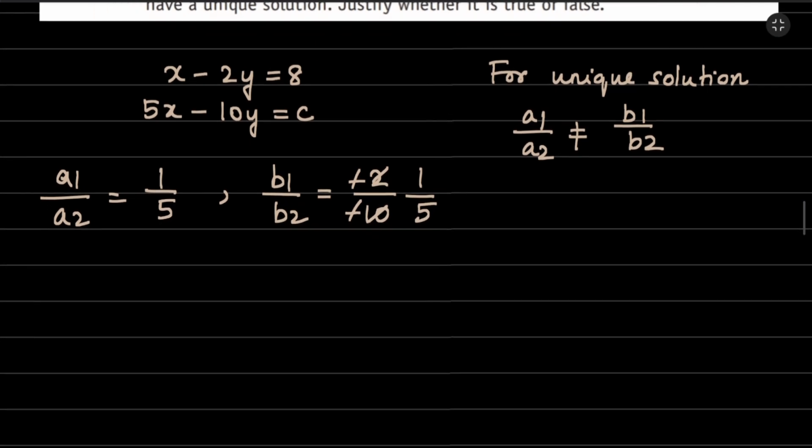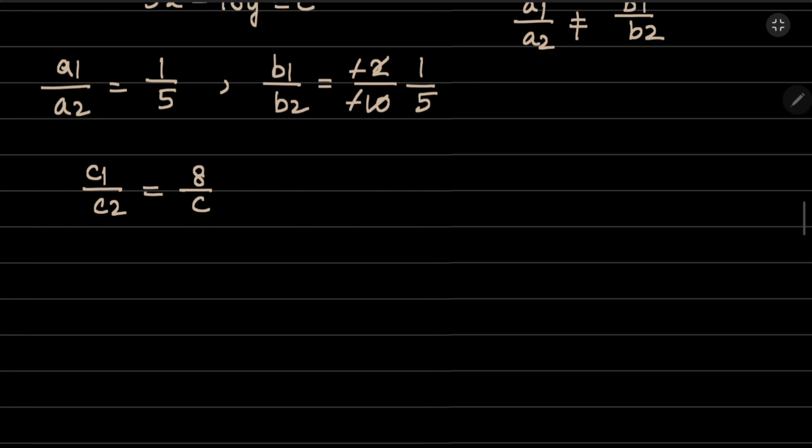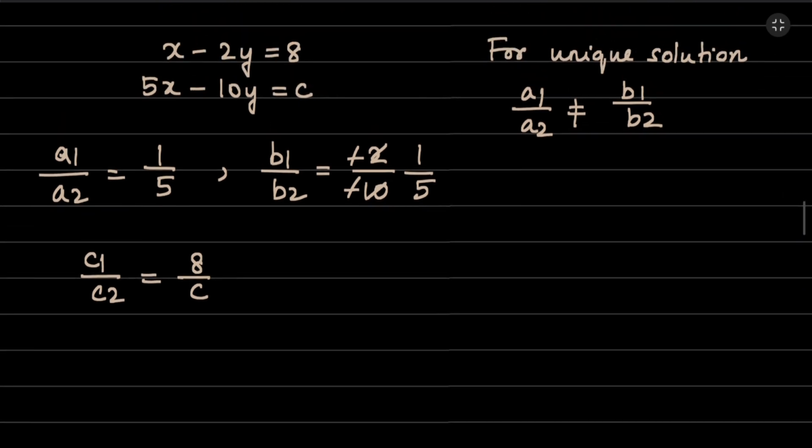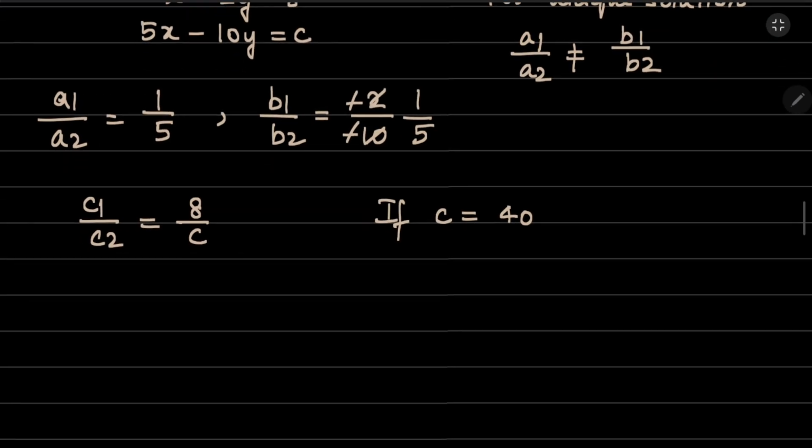But again, let us take c1 by c2. Suppose that you take c1 by c2, what is it? It is 8 by C. Now, you cannot have a unique solution. Suppose if C is equal to 40, for example, in that case, what will you have? 8 by 40, which will be 1 by 5.